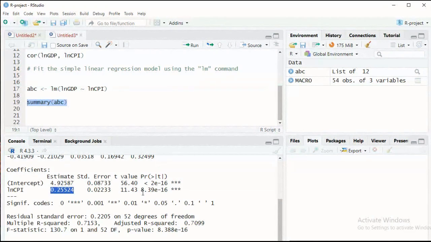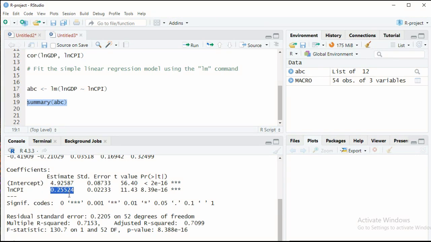the reported probability value is zero, which is less than the conventional 5% critical value for statistical significance. Therefore, inflation exerts a statistically significant effect on economic growth. And because both variables were given in terms of natural logarithms, this estimated slope parameter can be interpreted as elasticity.